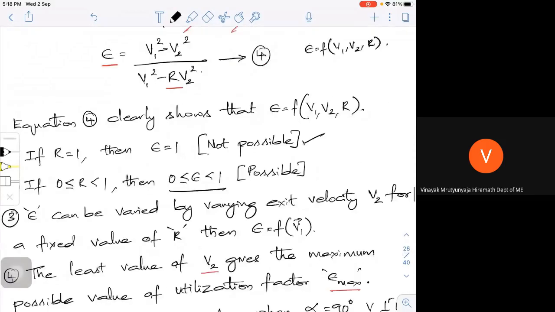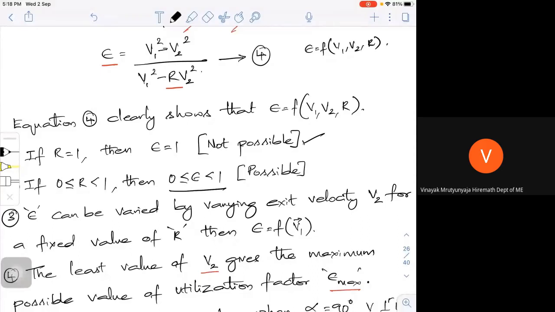Now, if I try to vary the epsilon, epsilon can be varied by varying exit velocity V2 from the fixed value of R. If I try to find epsilon as 0.1, 0.2, 0.3, 0.4, 0.5, then for a given value of R, I don't want to change the velocity V1.